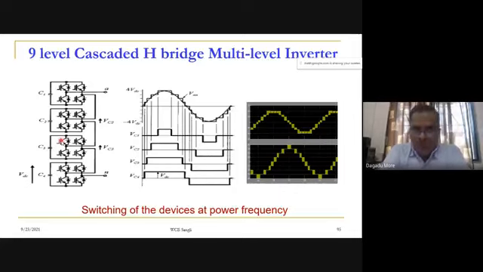What are these two? One is conduction loss. When the device is on, there will be a voltage drop across it and current flowing through it, and that loss we call conduction loss. The other loss is the switching loss during turn on and turn off.